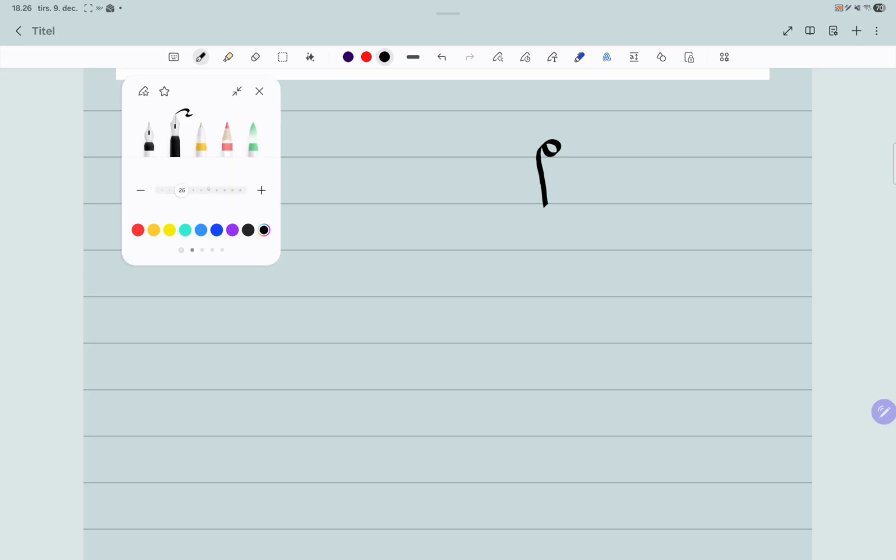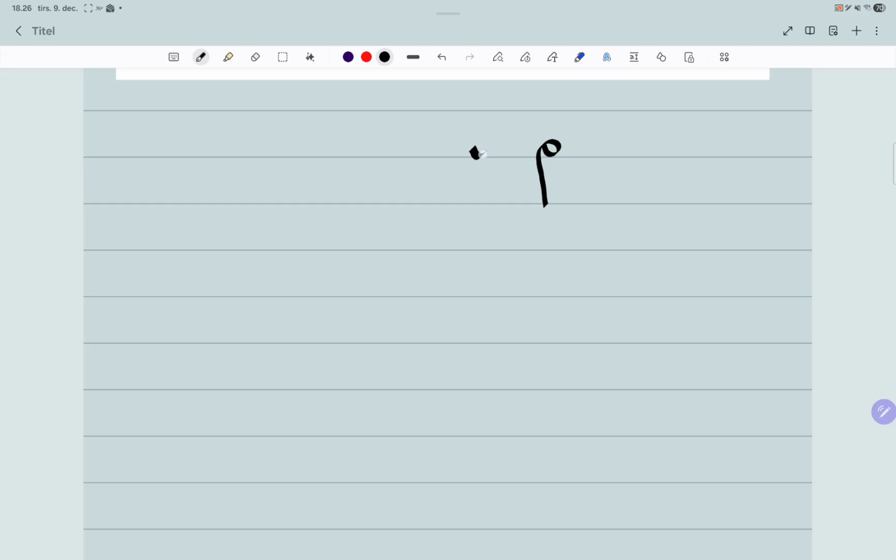The next letter we have is meme. Meme, you notice the head is open. It has like an eye open. And it has a long line.